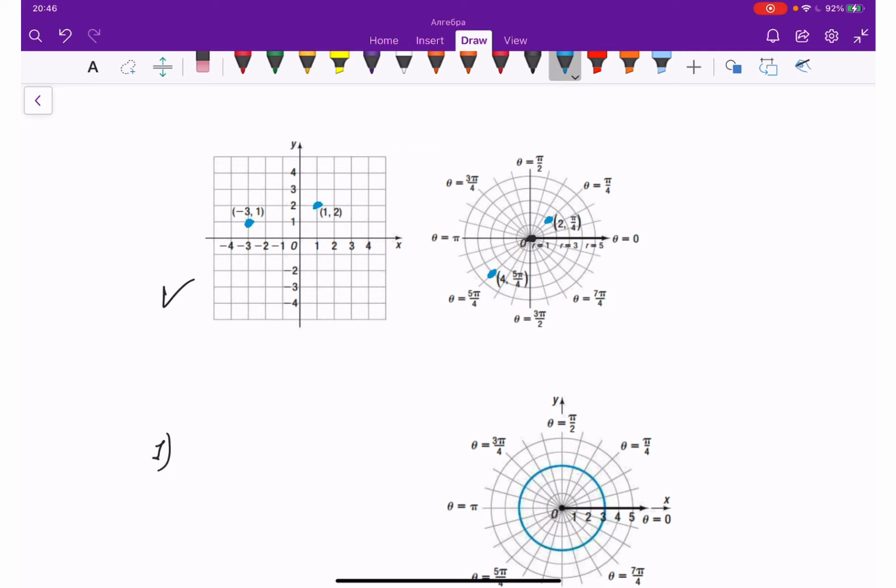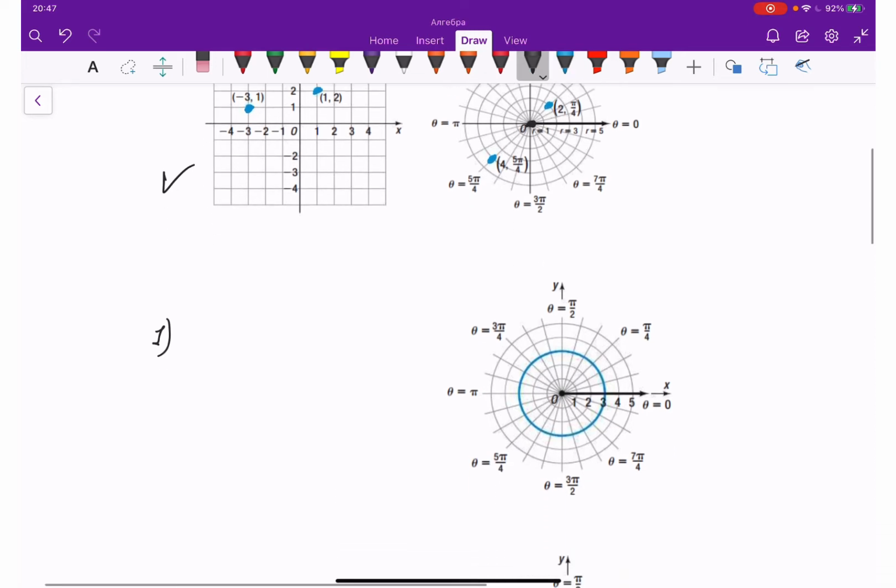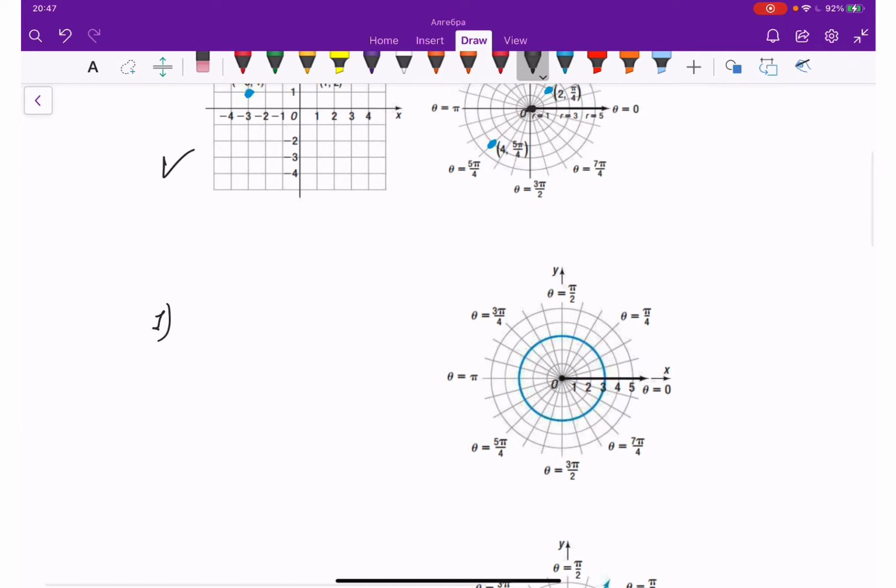Okay, so let's identify and graph polar equations now by converting to rectangular equations, because it's easier to work like that. So we have question number 1. We have r equals 3.